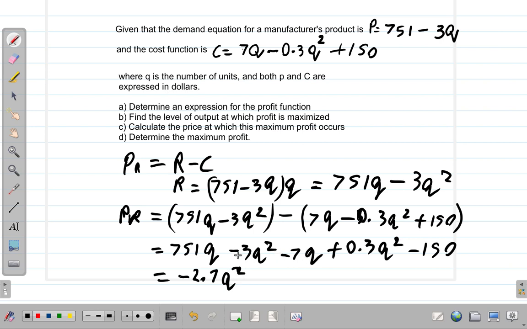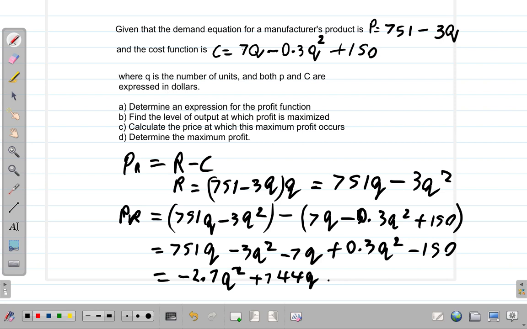Then the Q terms: 751Q minus 7Q gives us 744Q.